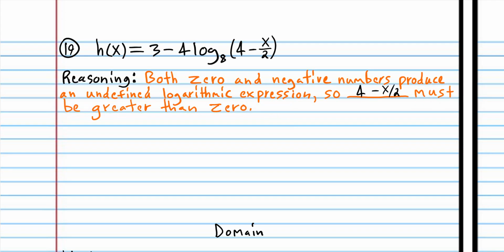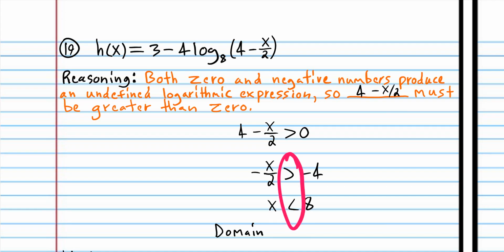Now again, you don't have to do this, but you can set up an inequality to help you determine the domain. I'm going to subtract 4 from both sides. And then I'm going to multiply both sides of the inequality by negative 2. Now, this is something that you need to recall from previous courses.